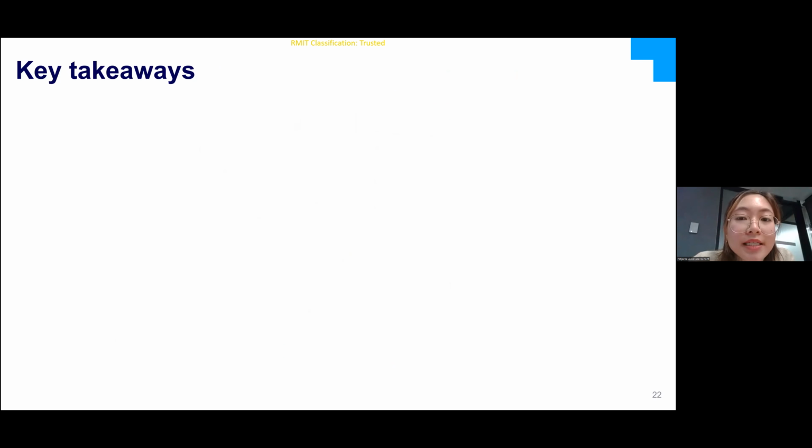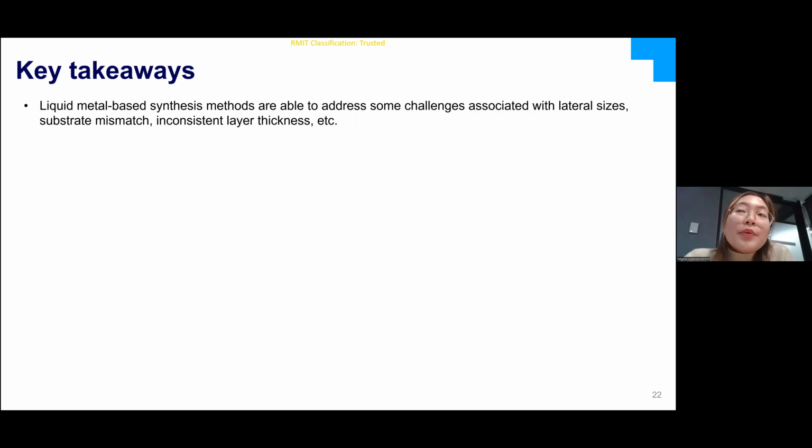So the key takeaways of this talk are that liquid metal-based synthesis techniques have been developed in recent years and can help address some challenges in the synthesis of 2D materials, be it the lateral size, substrate mismatch, or inconsistent layer thickness.